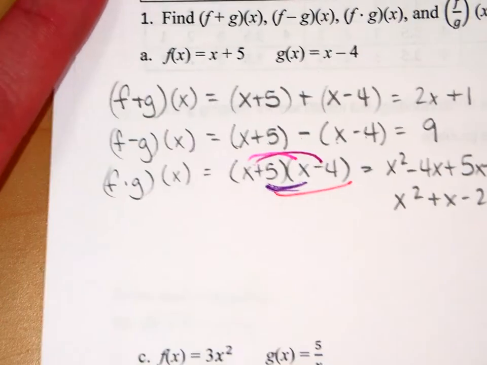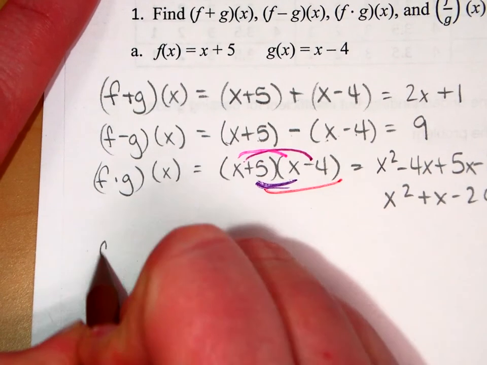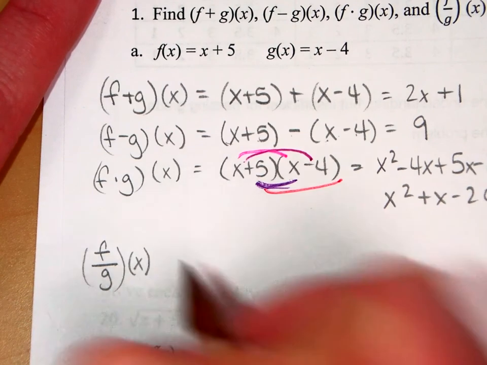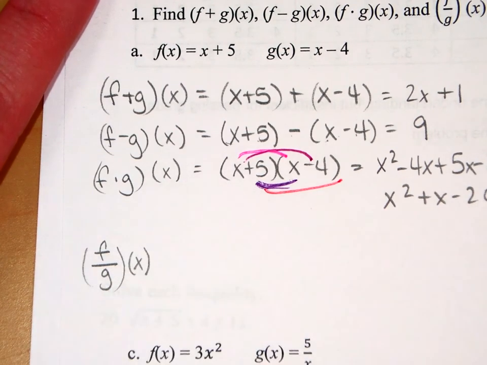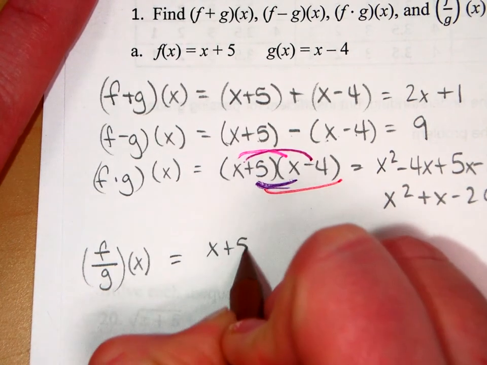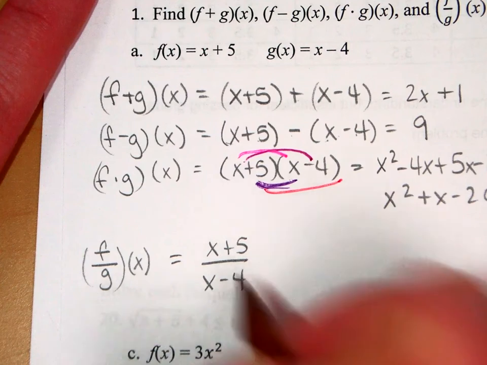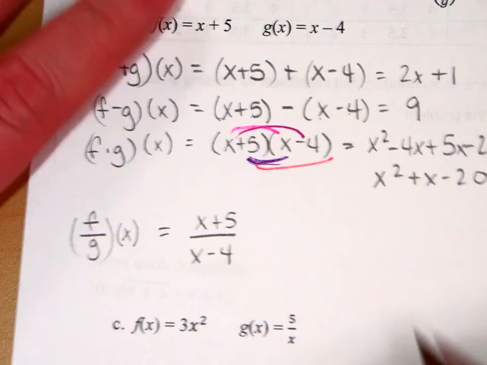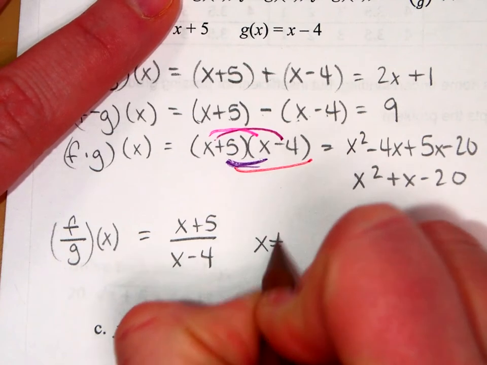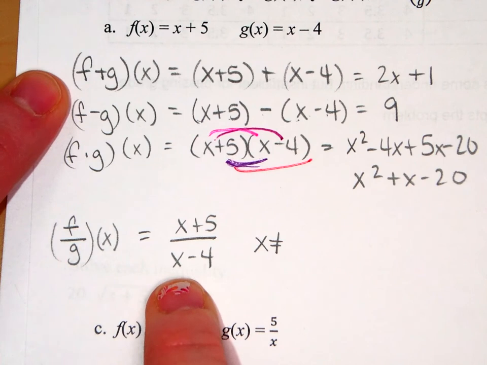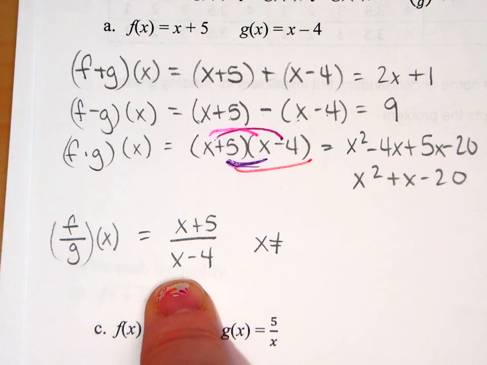Division. Division is super easy, yet so hard. So, function F goes on top: X plus 5 over X minus 4. You cannot divide by 0, so you need to tell me what X cannot be. What value in the denominator would make it 0? That's the value X cannot be.